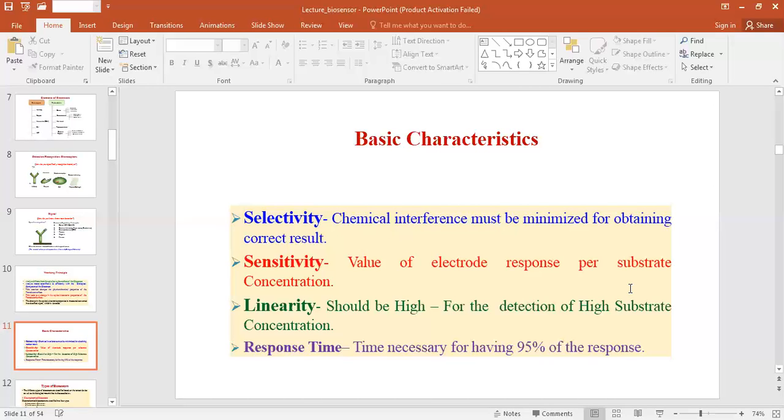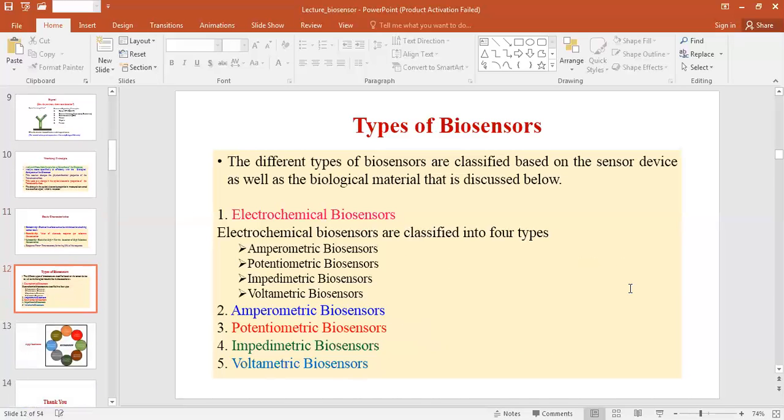So the basic characteristics of the biosensor are selectivity, sensitivity, linearity, response time, and reproducibility. So these are the basic characteristics of a biosensor. Now I'm coming to the types of biosensors.